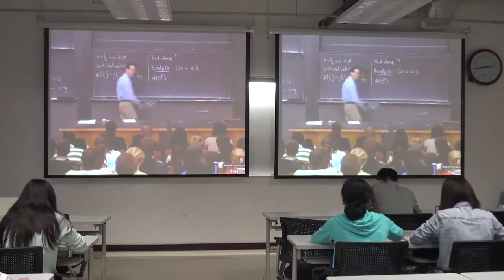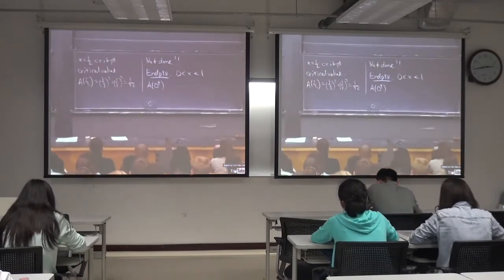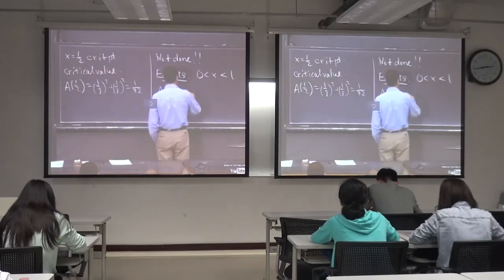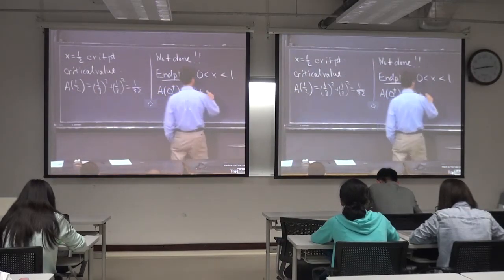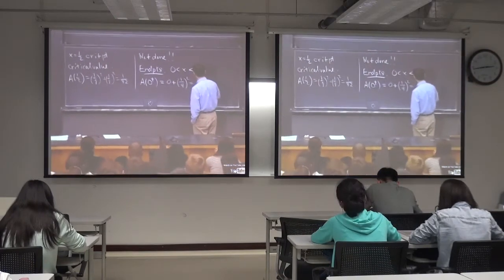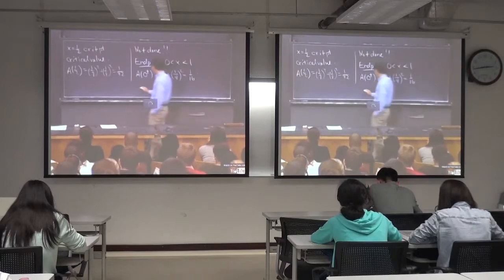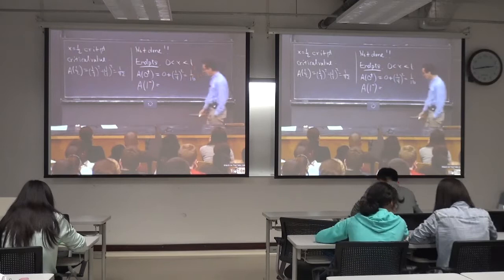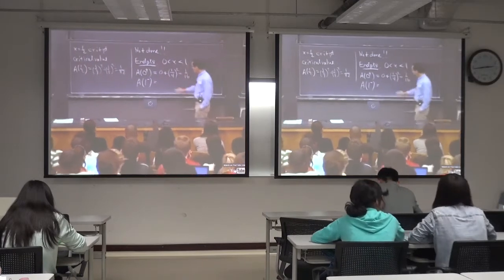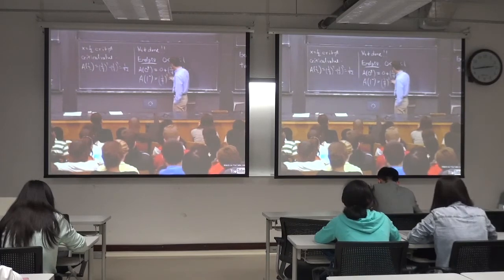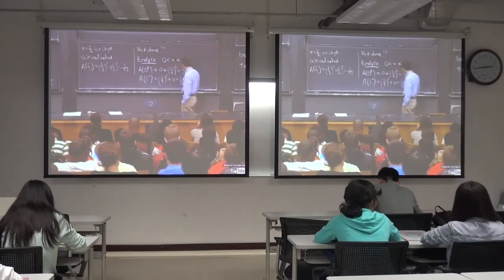So that would be the right-hand limit as x goes to 0 of A. And if you plug in x equals 0, what you get here is 0 plus (1/4) squared, which is 1/16. All right, and similarly, at the other end, that's 1 minus 1 from the left. We get (1/4) squared plus 0, which is also 1/16.